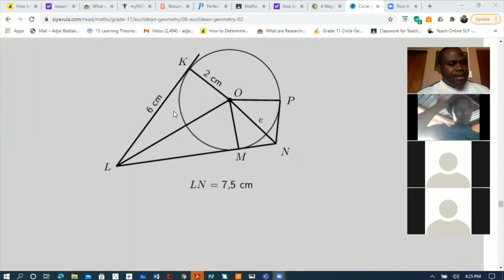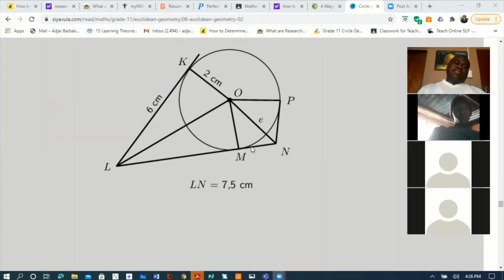LM or LN? LM. Oh, okay. But do you see this statement down here? Then you guys must find the length of MN and tell me the answer. MN. 1.5 centimeters.